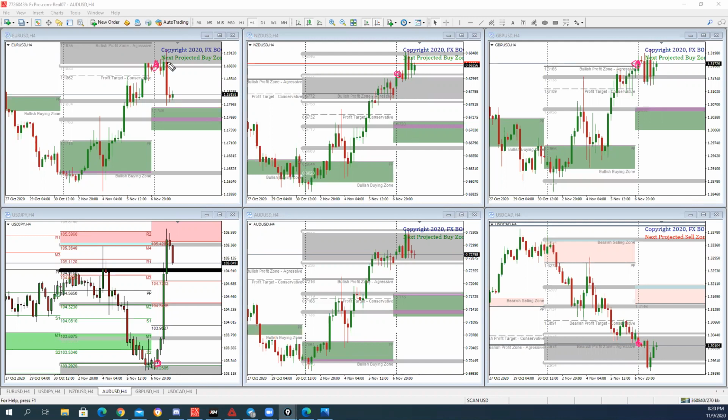We had a small move in risk on, which is up. It came back down, fizzled down as expected. It went up a bit, came back down, fizzled down.